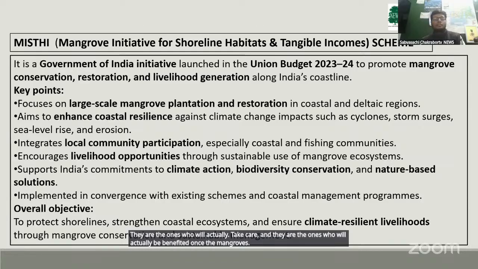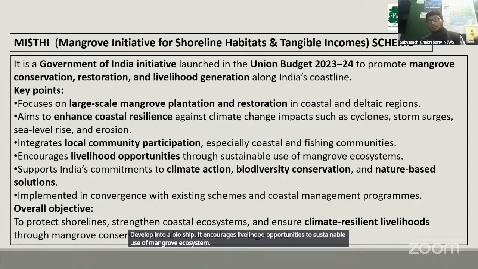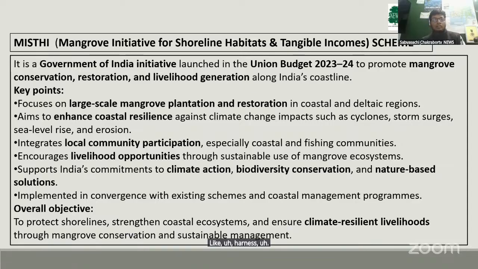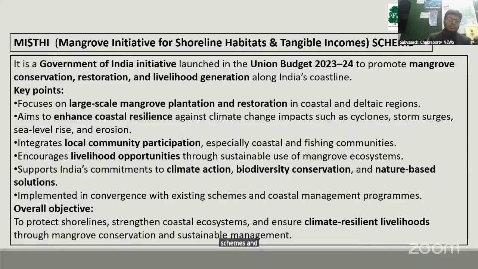develop into a biosphere. It encourages livelihood opportunities through sustainable use of the mangrove ecosystem, like harvesting of non-timber forest products like honey, fisheries. It supports India's commitment to climate action, biodiversity conservation, and nature-based solutions, and it will be implemented in convergence with existing schemes and coastal management programs.